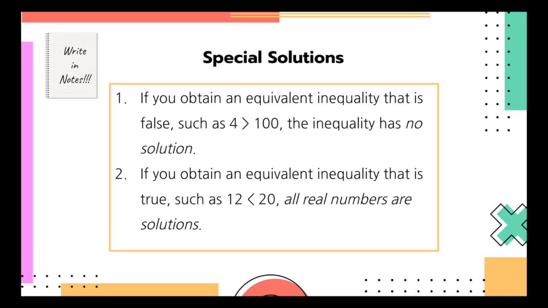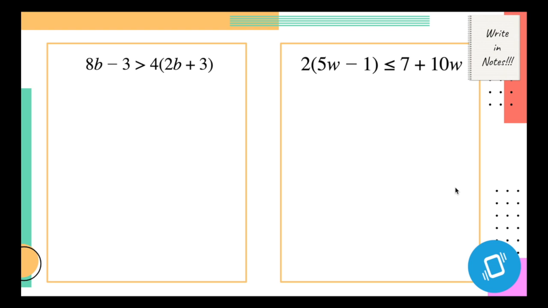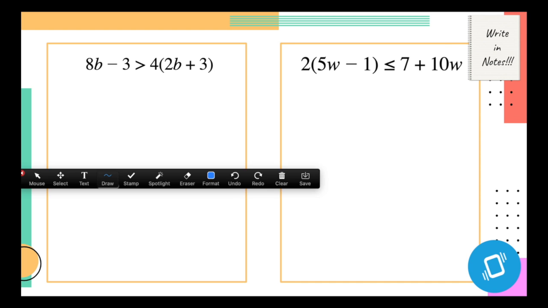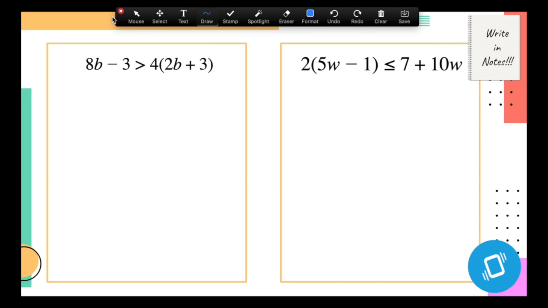So, for example, let's go to the next slide. We have two examples provided here. Let's start off with the first one. It asks us 8b minus 3 is greater than 4 parentheses 2b plus 3.